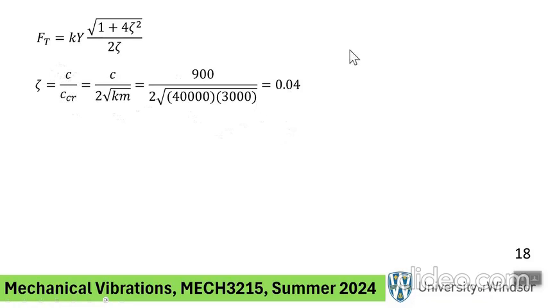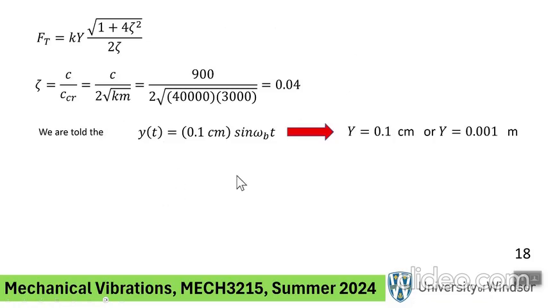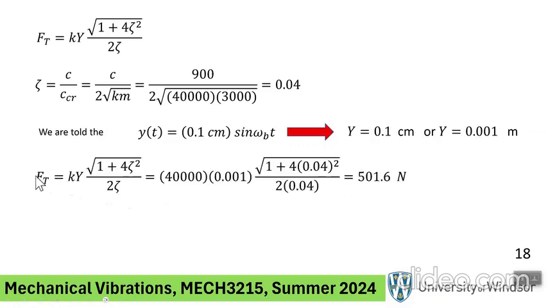And now we're going to take this thing and stick it in there. Make sure you use the proper unit. 0.1 centimeter is 0.001 meter, to be consistent with everything. Just plug it in, and you're going to get your FT. This is the force transmitted from the ground to the punch press due to the motion of the ground.